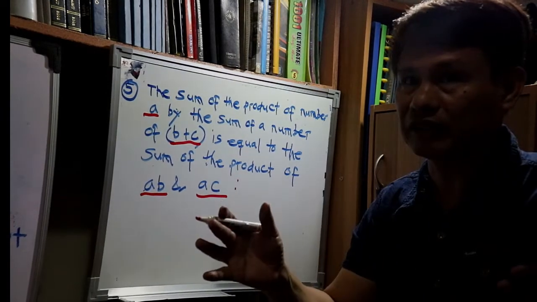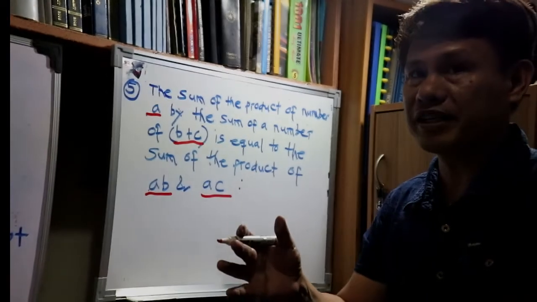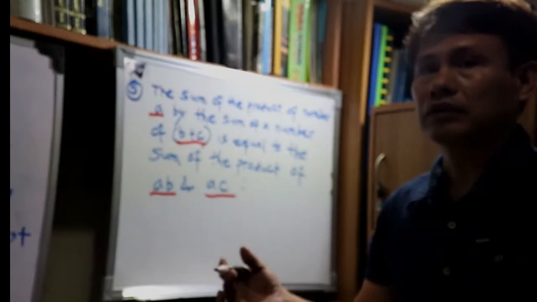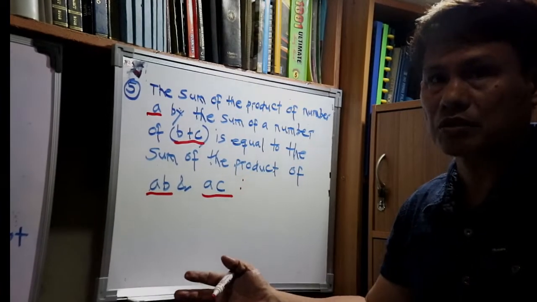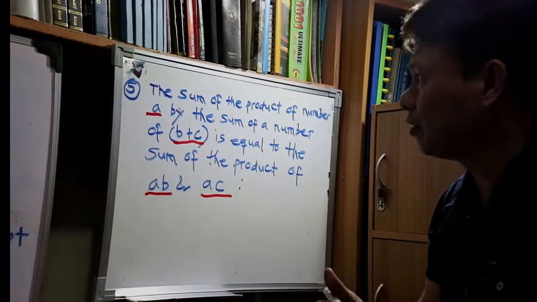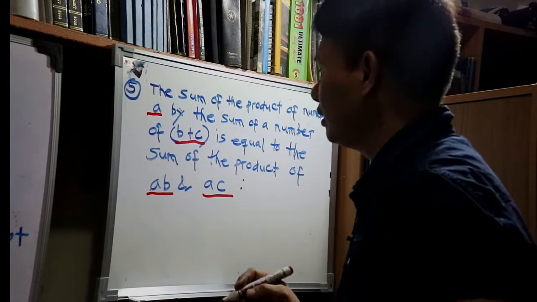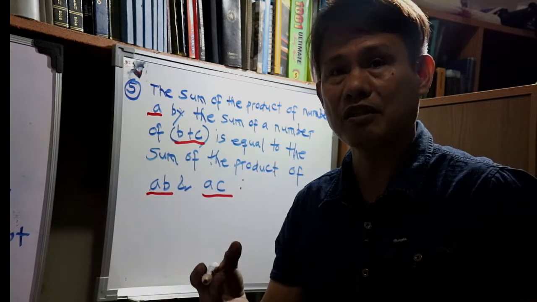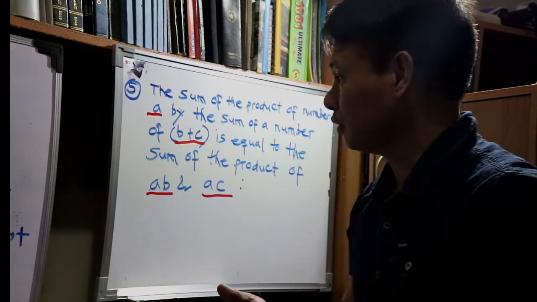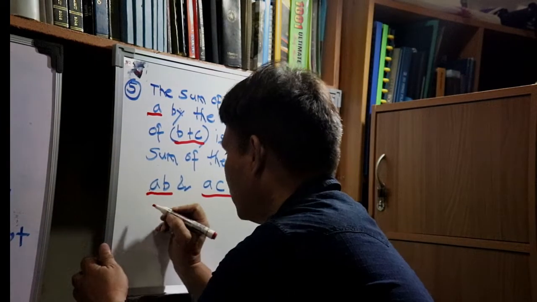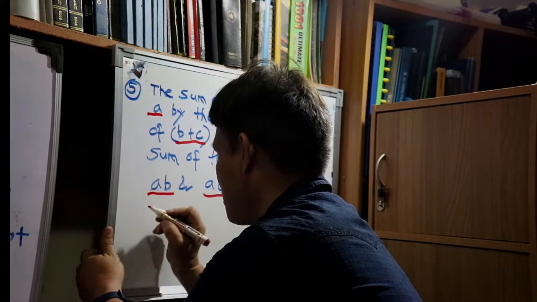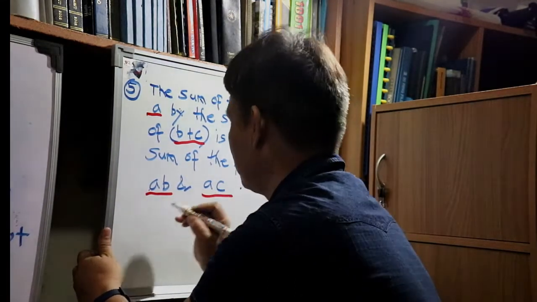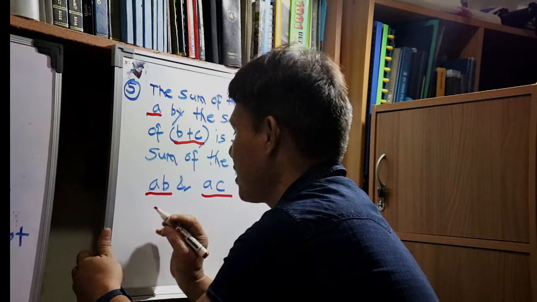Let's convert it to equations so that you could understand it. For example, if you are using A, B, and C as the number variables, it's going to make this a distributive.